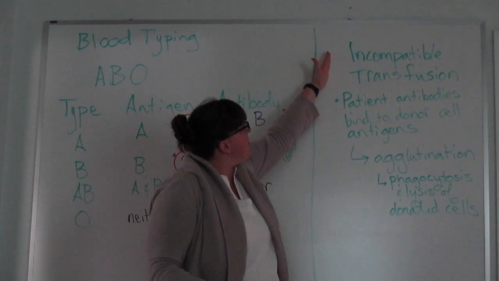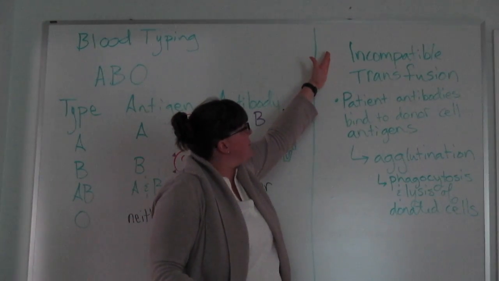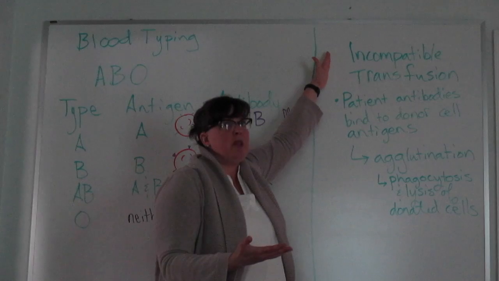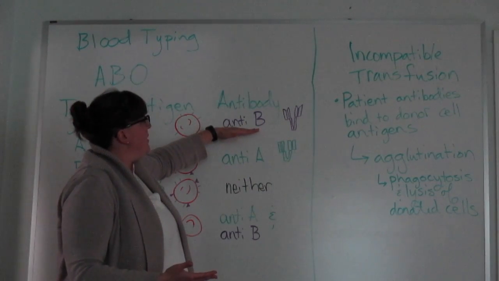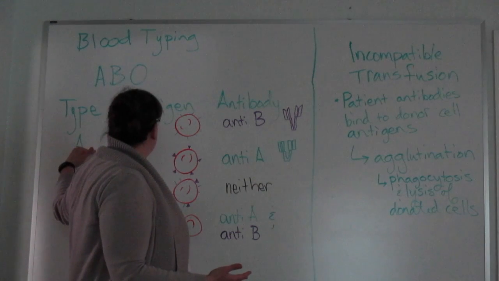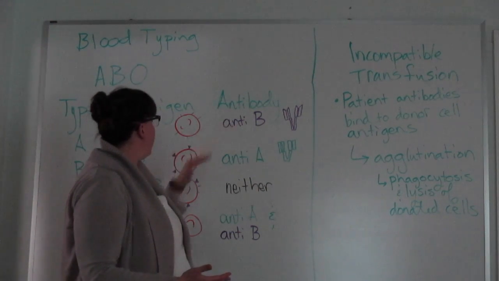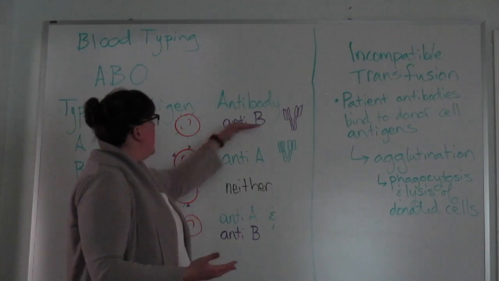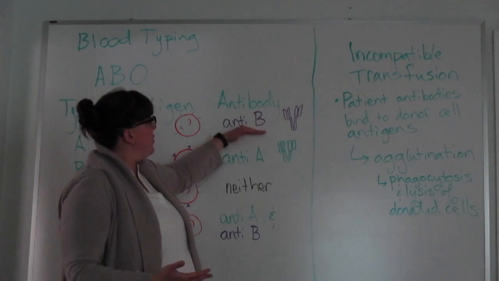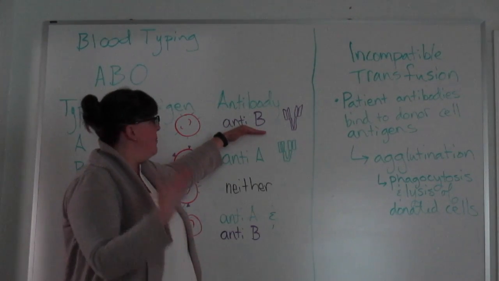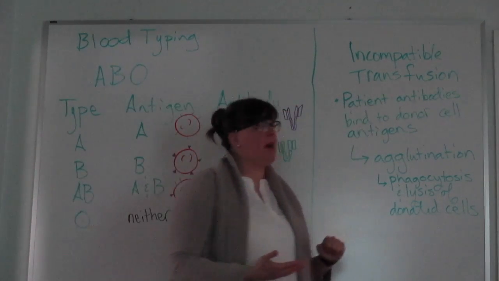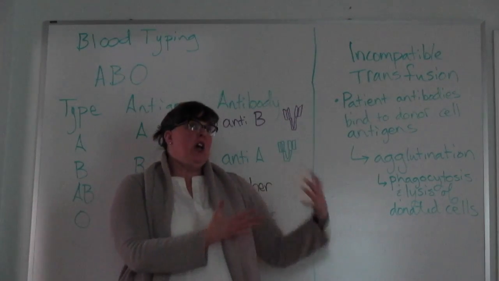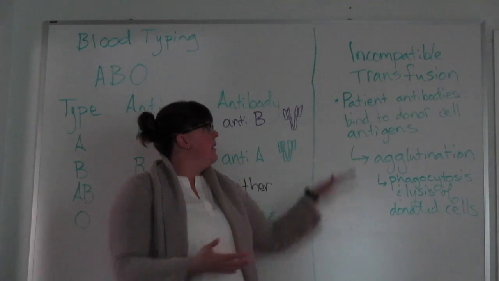In the case of an incompatible transfusion, a person receives a blood type that is incompatible with their antibodies. So if we give a person with type A blood type B blood, that B blood is going to be recognized by the anti-B antibody. The patient's antibodies will bind to the donated cells.